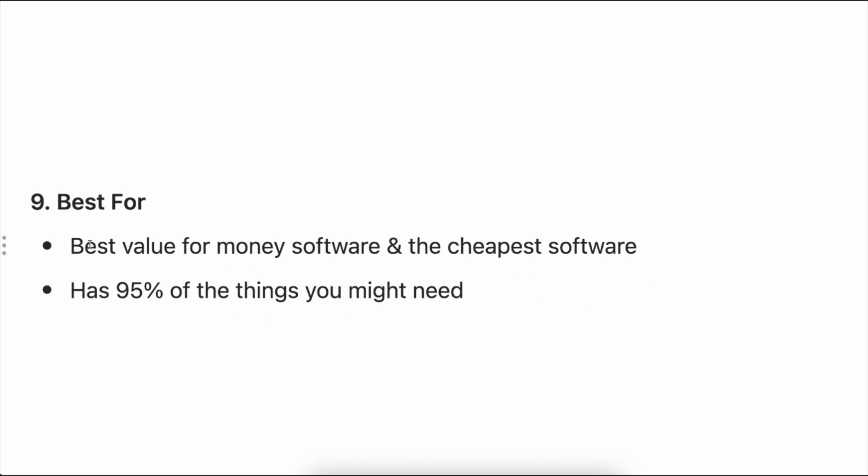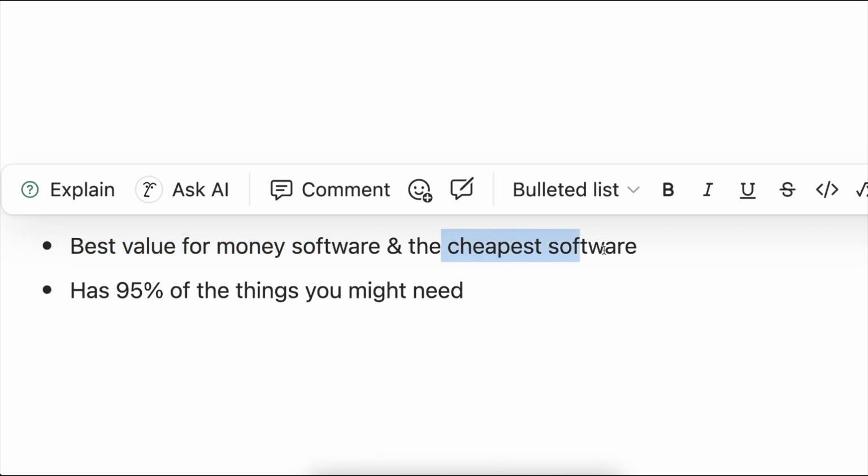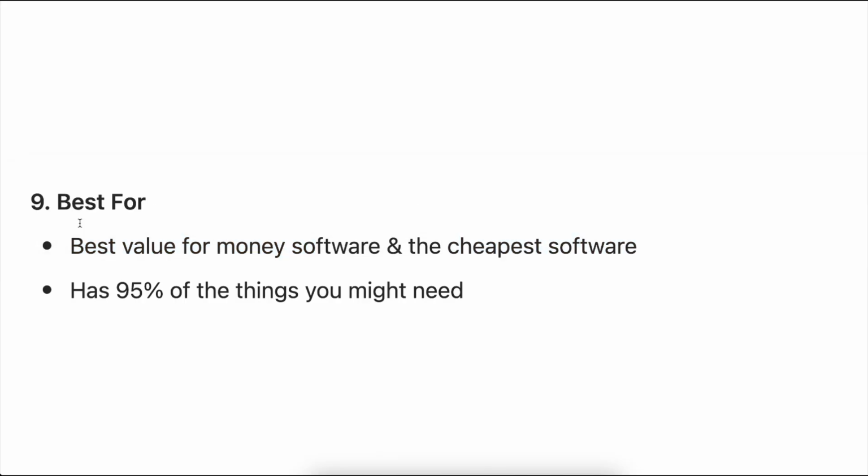So honestly, I would say that this is probably my favorite email marketing software right now. It's best value for money, and it's the cheapest software in general. I think this is the best value for money when it comes to email marketing softwares, and it also is the cheapest software out there.